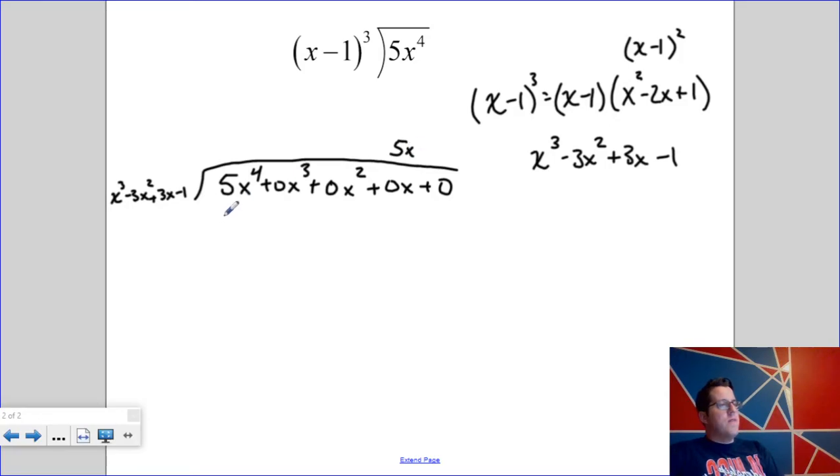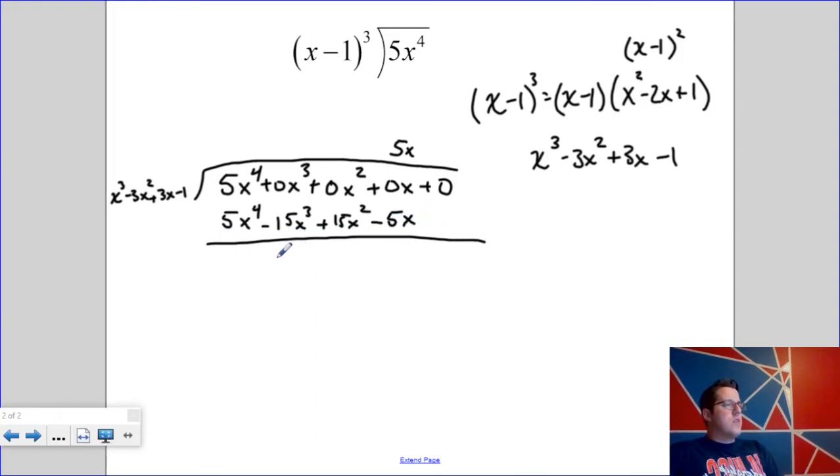And that would give me 5x to the 4th minus 15x cubed plus 15x squared minus 5x, which is going to give me 15x cubed minus 15x squared plus 5x.